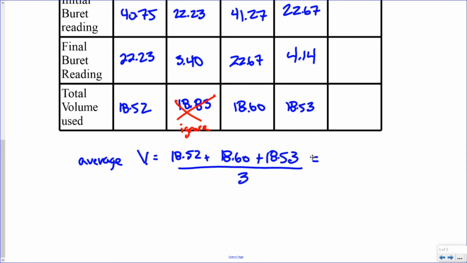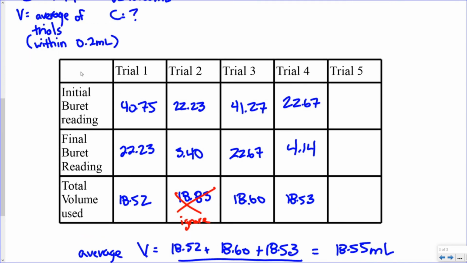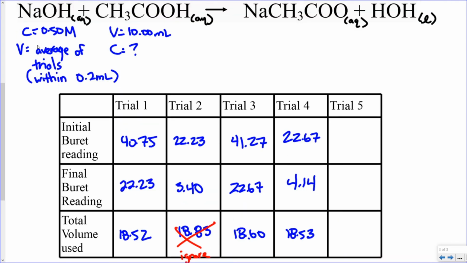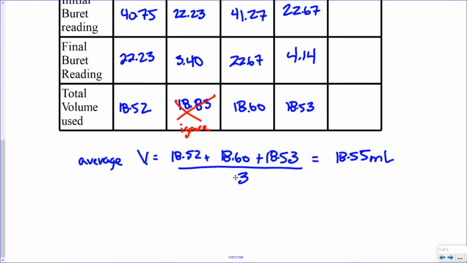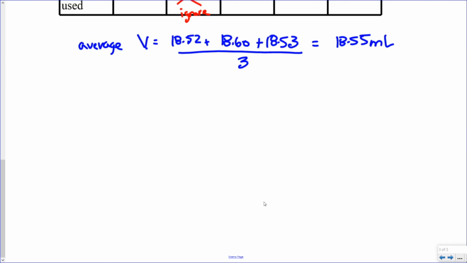And that gives me an average volume of 18.55 milliliters. So now using that, take a look up here. We know a concentration and now a volume of sodium hydroxide. We can find the number of moles of sodium hydroxide, mole ratio to convert to moles of acetic acid, and then determine the concentration of acetic acid. So that's just a solution stoich question.